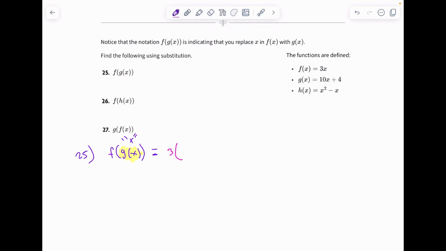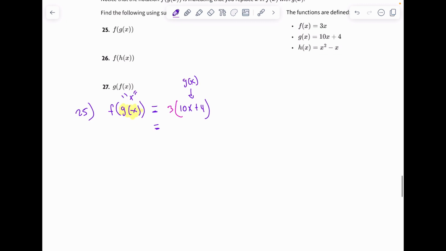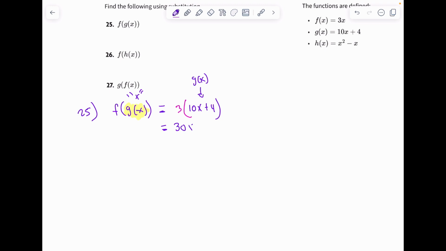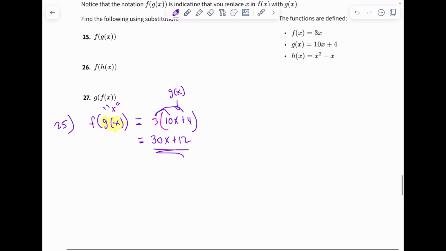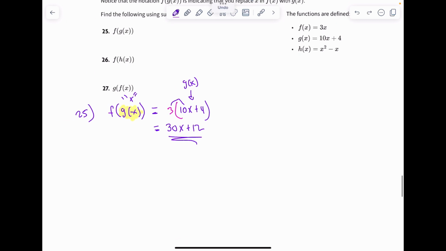My g of x function is 10x plus 4. Now let's combine those terms. So I get that this is equal to 30x plus 12. I distributed this out to both sides. 30x plus 12. That's 25.